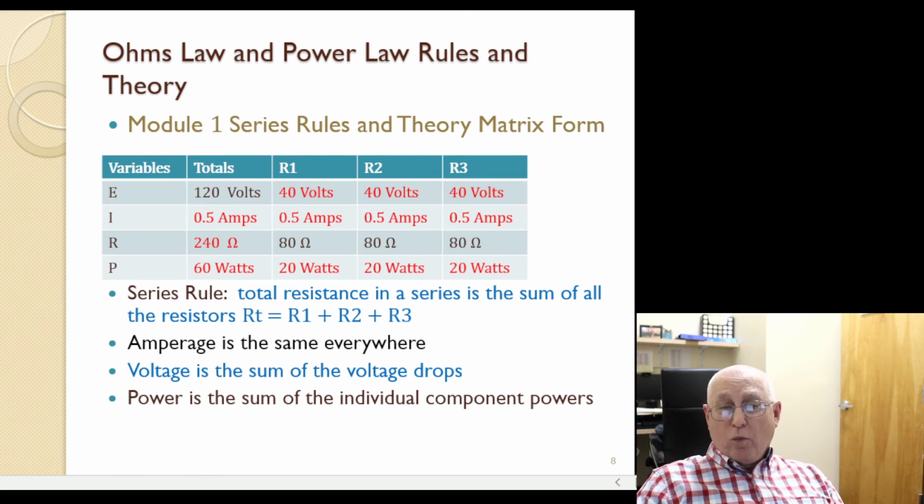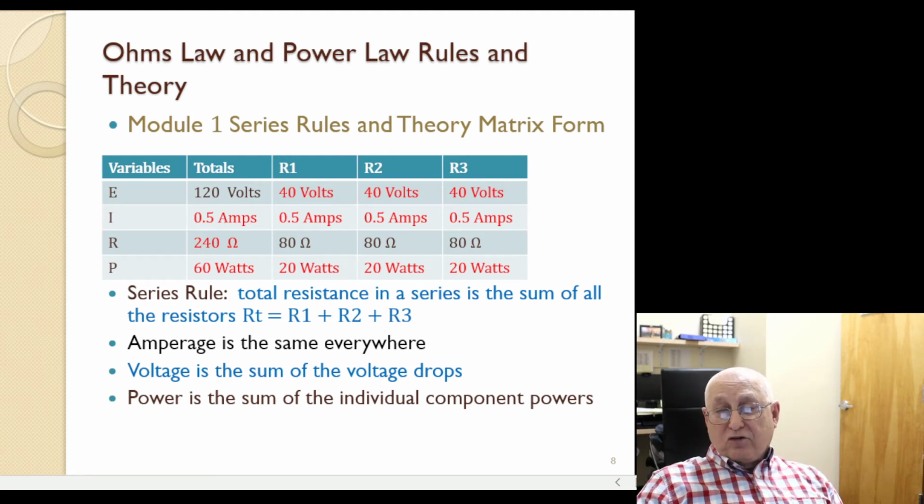Using the Ohm's formula wheel, E divided by R gives me I. So 120 divided by 240 gives me 0.5. If you remember, amperage is the same everywhere in a series circuit. So I have 0.5 amps here, 0.5 amps here, 0.5 amps here. It's the same everywhere.